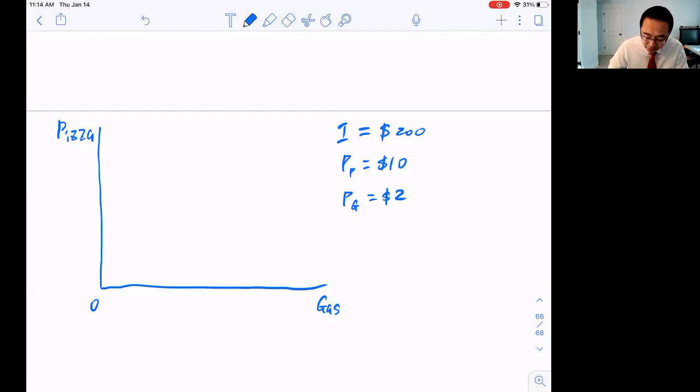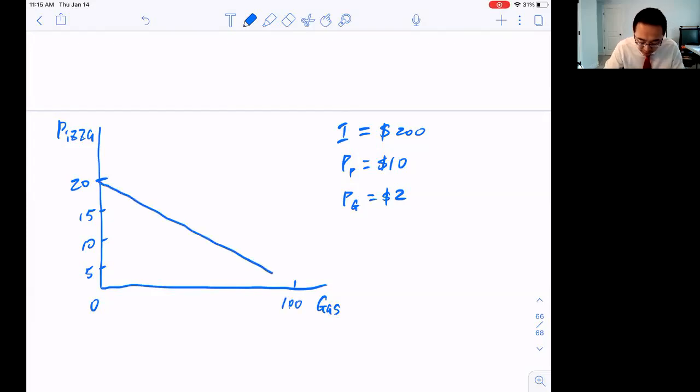So your budget constraint is that at a maximum you can consume 20 pizzas, so 5, 10, 15 and up to 20. And the maximum amount of gasoline you can get is 100 gallons. If you connect these two, this is your budget constraint.